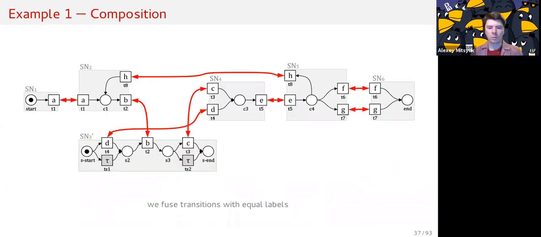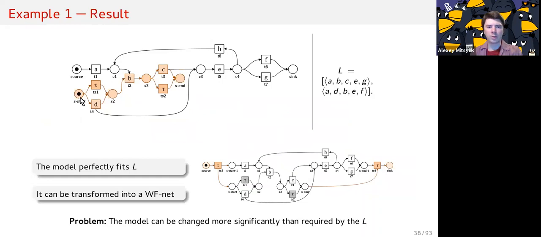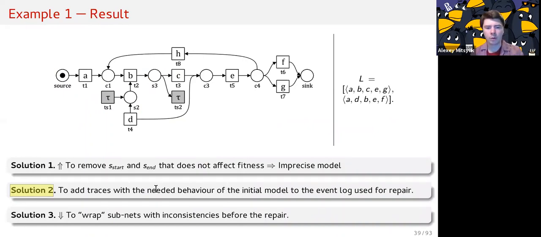So when we make these projections, a human expert has to investigate what behaviors can be deprecated by these artificial places, and has to add such behavior to the event log. So this solution is not suitable.